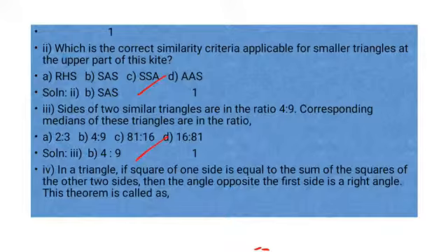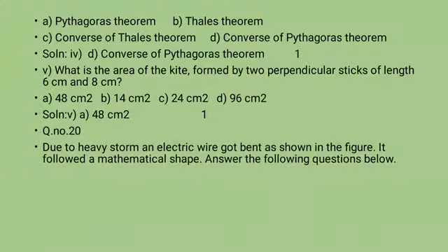In a triangle, this is theorem. In a triangle, if square of one side is equal to the sum of the squares of the other two sides, then the angle opposite the first side is right angle. This theorem is called as converse of Pythagoras theorem.